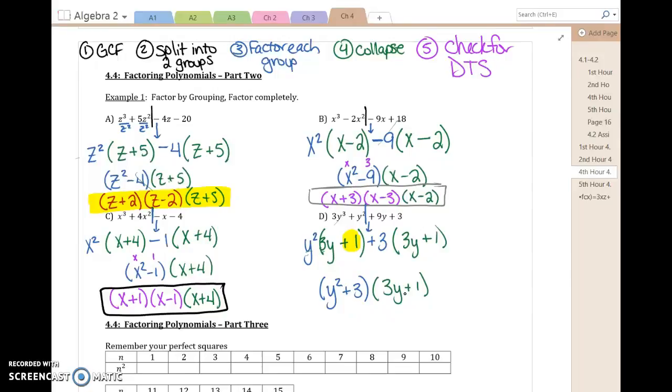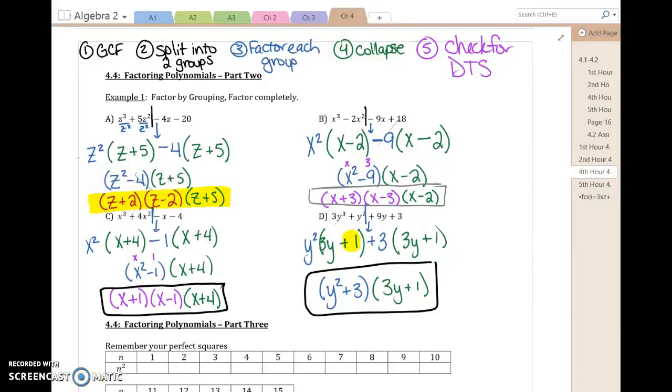No, we have the sum of two cubes, but y squared is not cubed. And furthermore, 3 is not a perfect square. It's 3. So if you have y squared plus or x squared plus, you probably are done. If you have y squared minus, you are probably not done. So this one is actually done.